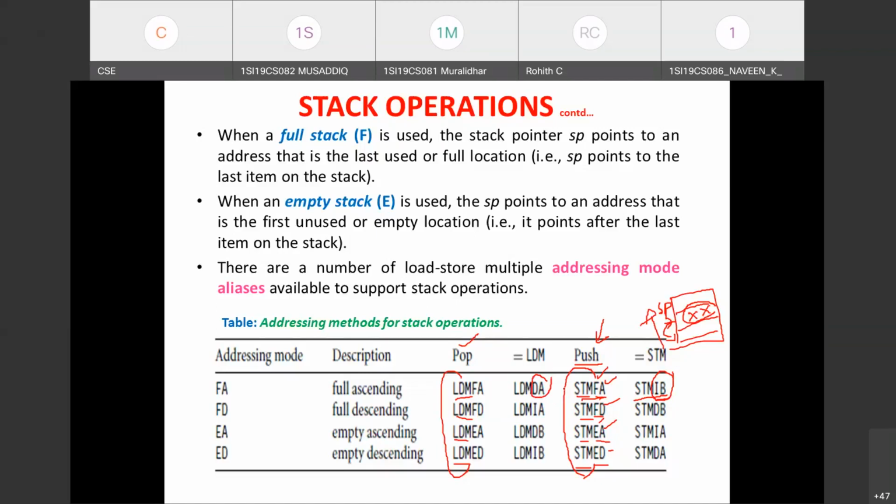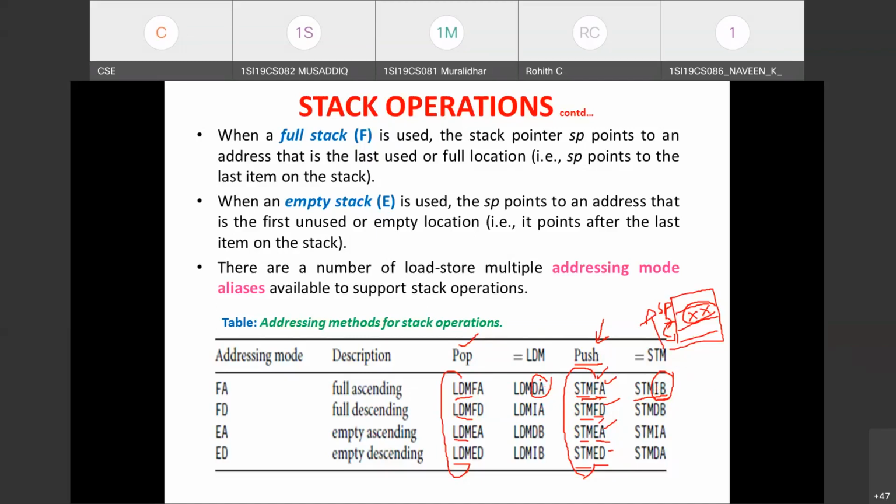You have used save and restore context instruction pairs, load and store instruction pairs. So that instruction pair you are using here. If it is IB, it is DA, that is the equivalent addressing mode for LDM-FA. So STM-FA is equivalent to STM-IB and LDM-FA is equal to LDM-DA.